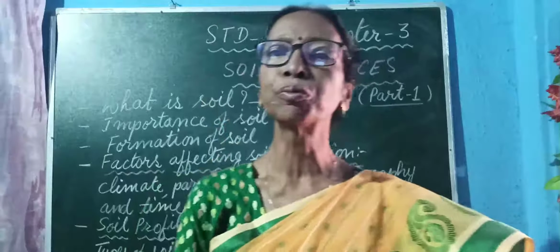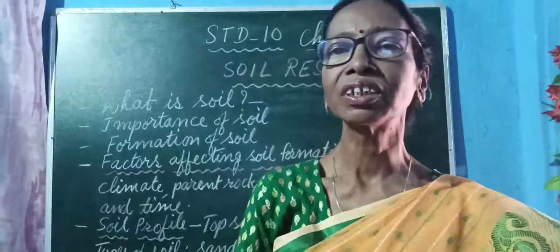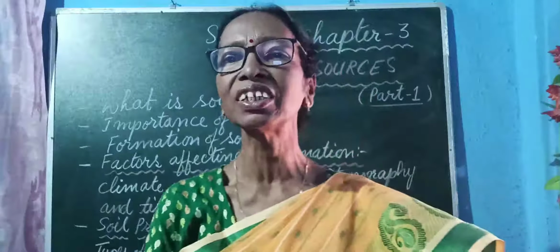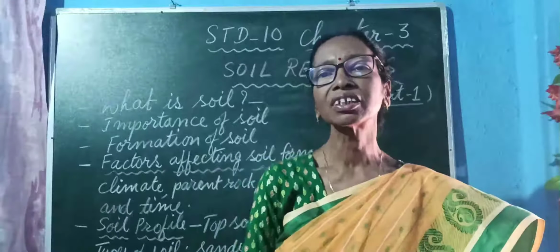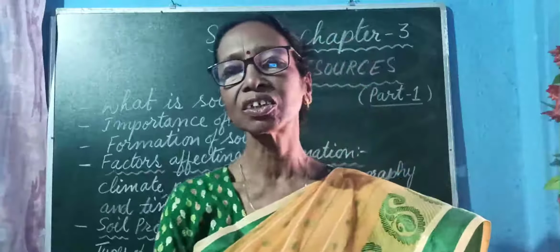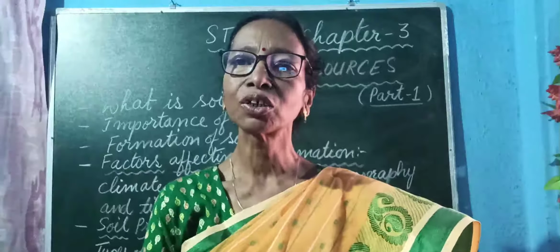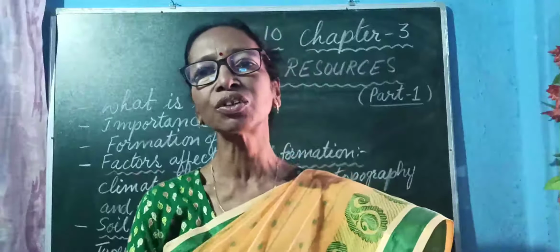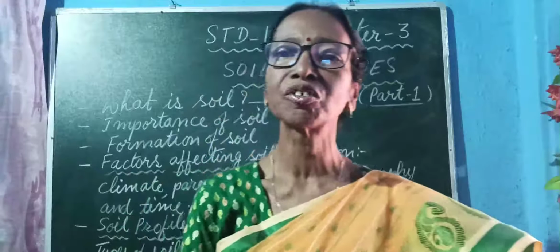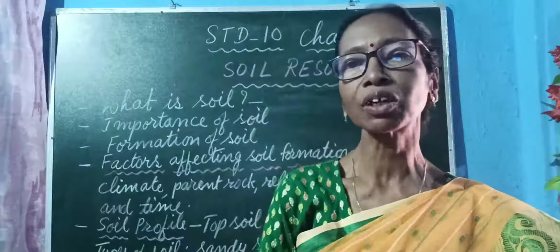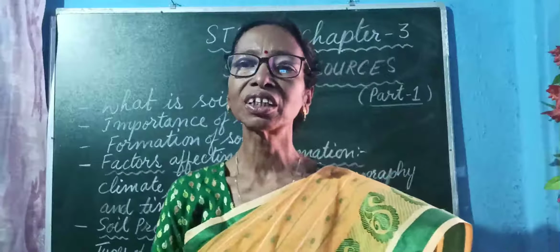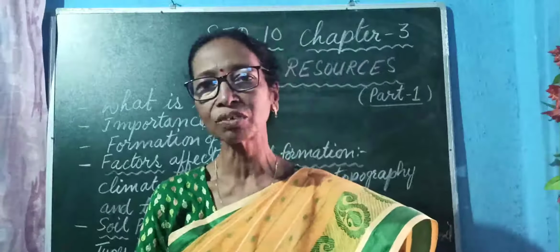If you see its importance, it is a very important natural resource. We get everything, our basic needs, food, shelter, clothing, everything directly or indirectly from the soil. It supports whole life on the surface of the earth, whether that is plant life, animal life or human life.